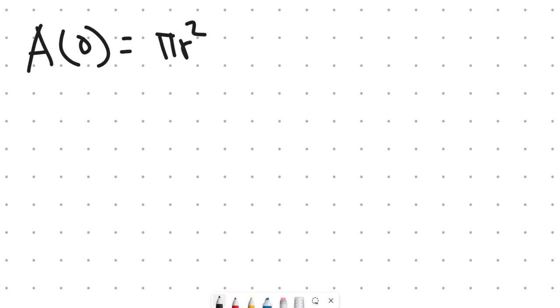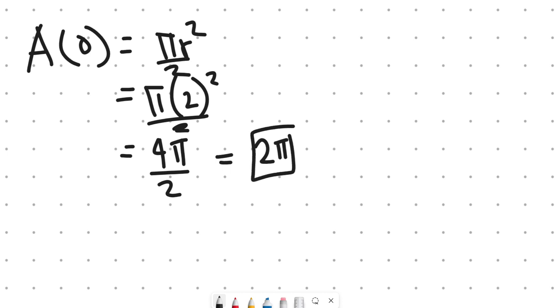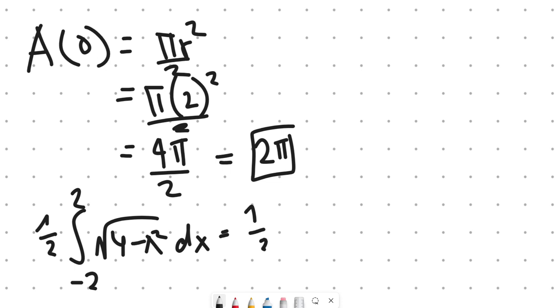Plugging in, pi times 2 squared is just going to be 4 pi. Since we don't have a full circle, we're just taking half of the circle, so we have to halve it. If we halve 4 pi, we get 2 pi. So the integral inside is equal to 2 pi. Now the 2 and the 1/2 will cancel out, and we'll get pi.